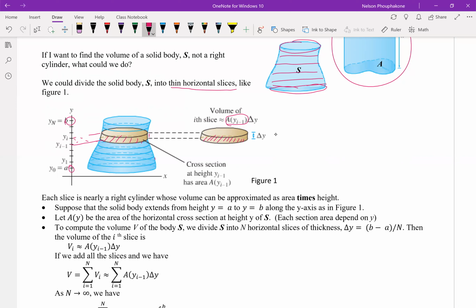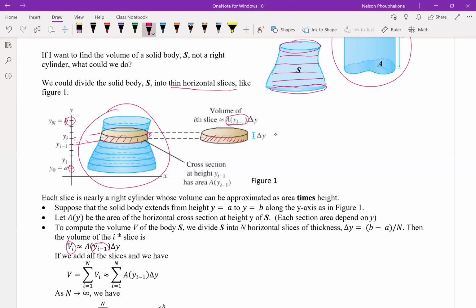To compute the volume V of the body S, this whole thing right here, we divide S into n horizontal slices of thickness delta y equal to (b minus a) over n. This is my delta y now.